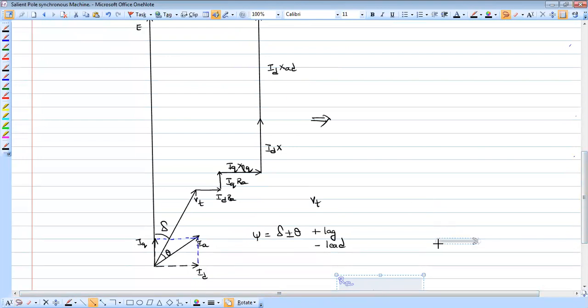So similarly VA will be there. This is the terminal voltage VT, and armature current IA lags this terminal voltage by an angle theta, and this current is resolved into two components, direct axis component and quadrature axis component.